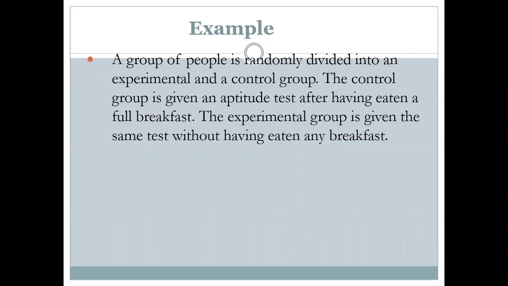A group of people is randomly divided into an experimental and a control group. The control group is given an aptitude test after having eaten a full breakfast. The experimental group is given the same test without having eaten any breakfast.